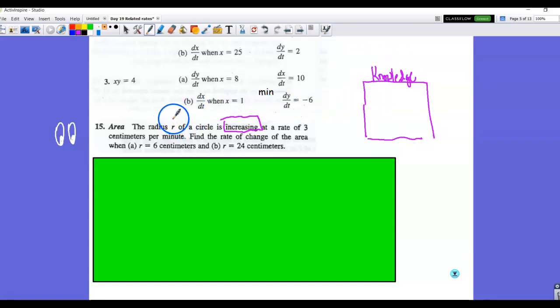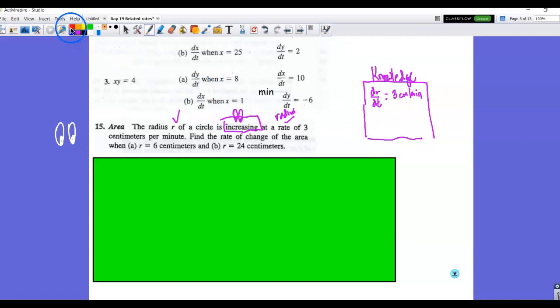This is the radius r, and this is the radius rate, which would be denoted as the change in the radius with respect to time. It's important for me to see with my math eyes that the radius is increasing, therefore I'm going to record that 3 as a positive value, in centimeters per minute. The reading is really, really important.